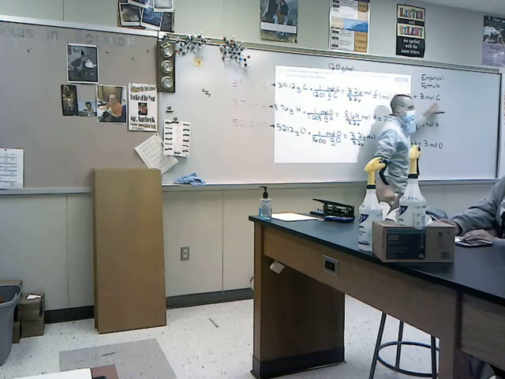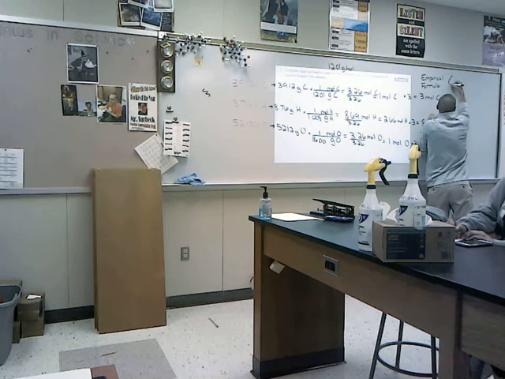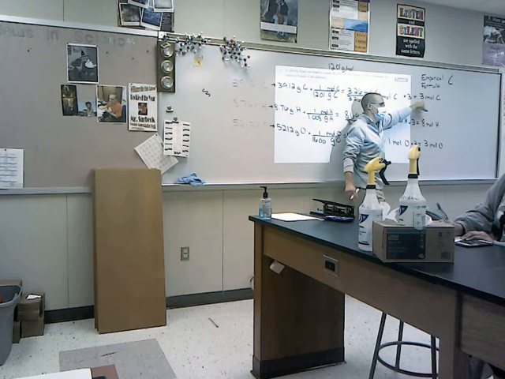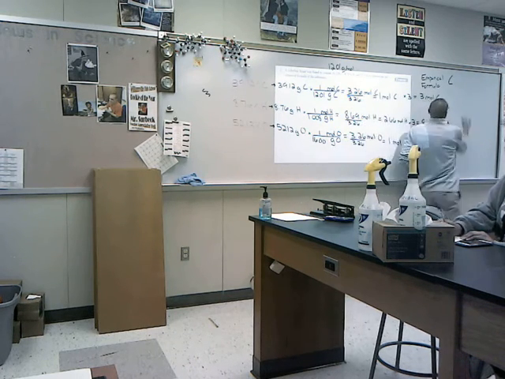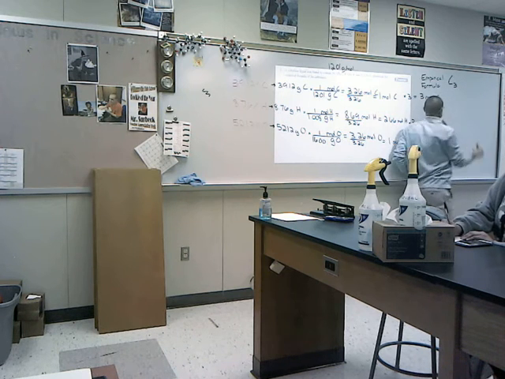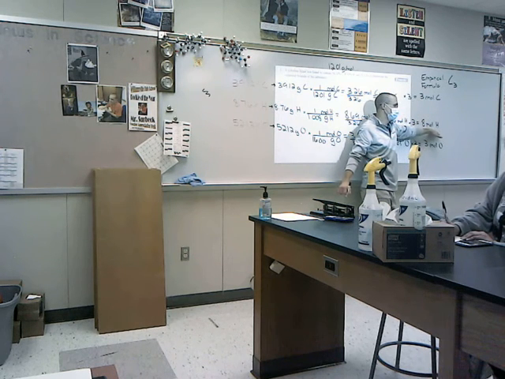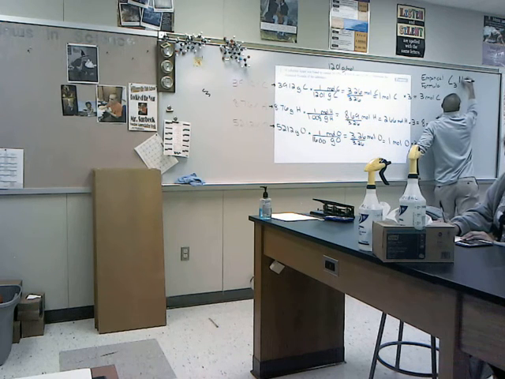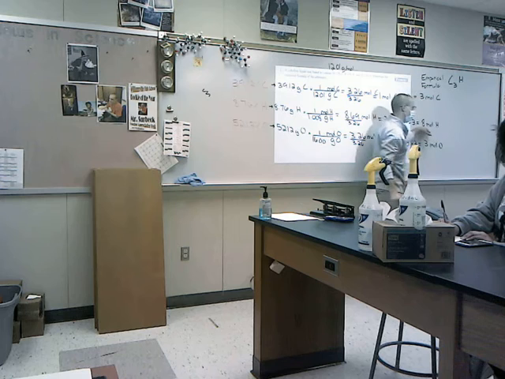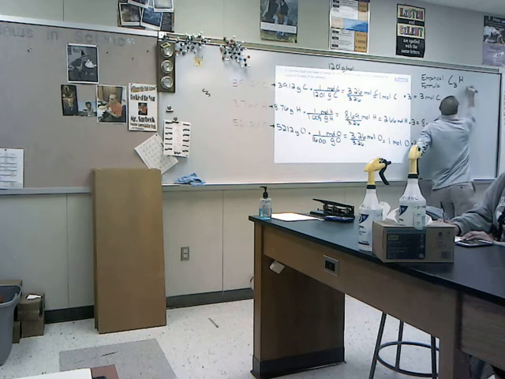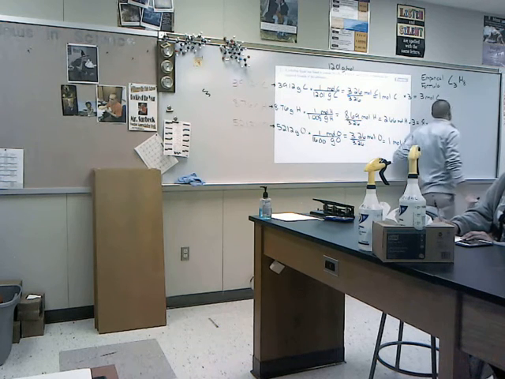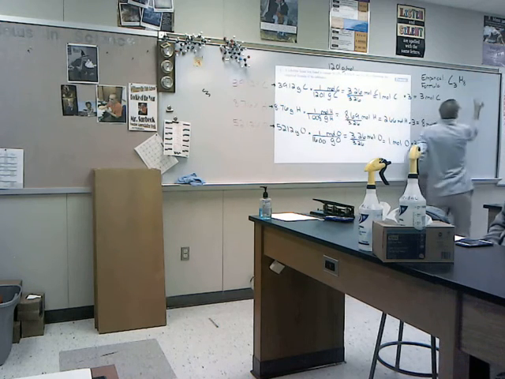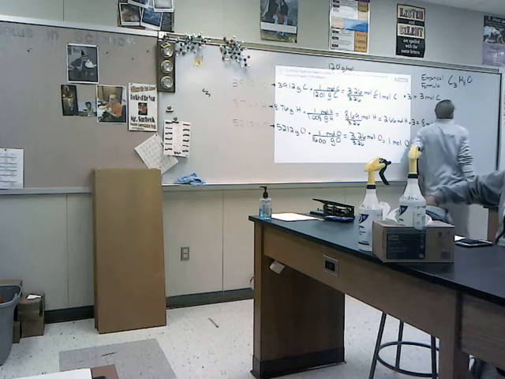We start out and we write C for carbon. The subscript becomes how many moles? So what subscript do we need to write? 3, too easy. What's the next element? Hydrogen. How many hydrogens do we need? 8, so we write an 8 subscript for hydrogen. And then oxygen is our next element. How many O's do we need for oxygen? 3.